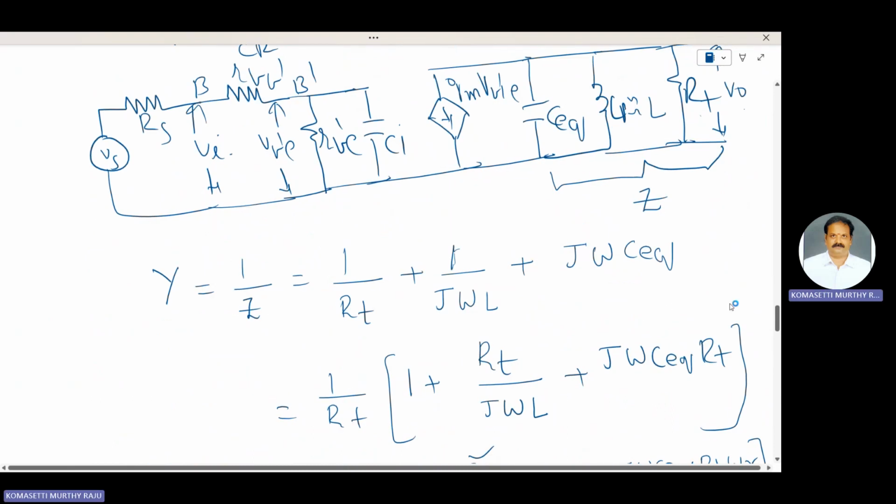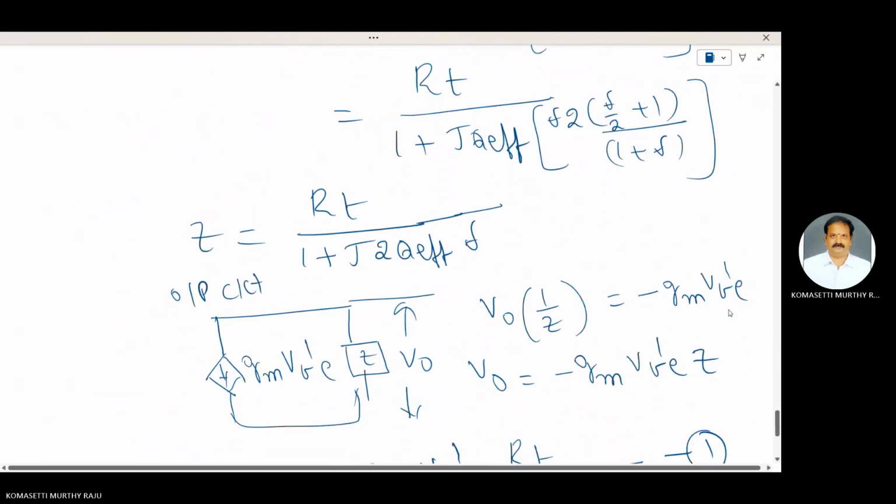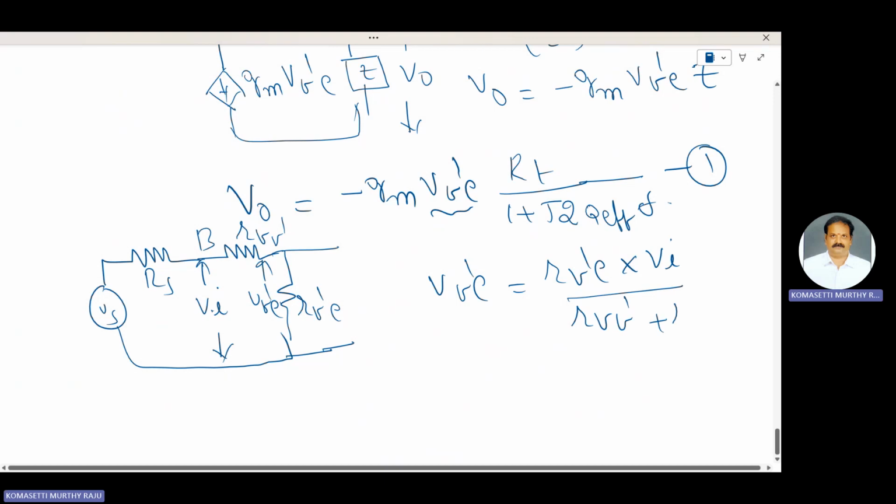Find out Vb'e. From this circuit, find out this Vb'e. Vb'e is equal to, according to the voltage division rule, rb'e into Vi by (rbb' plus rb'e). Substitute this Vb'e in that equation.